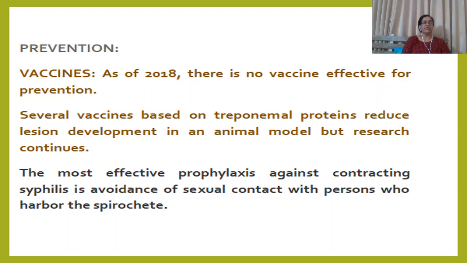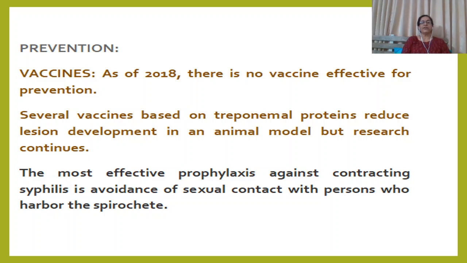Several vaccines based on treponemal proteins reduce lesion development, that is gummas, the tertiary stage symptom lesion developed during infection. This is again in animal models, and nowadays research continues on the development of a better vaccine for human beings.